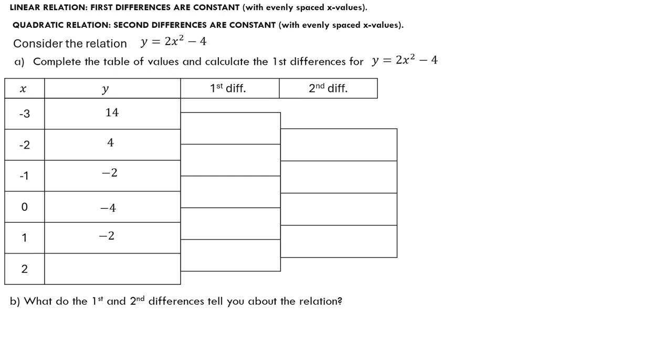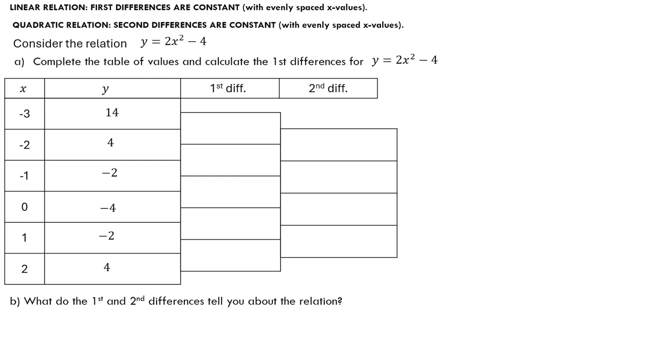And we continue on. Now we have coordinate pairs: negative 3, 14, negative 2, 4, negative 1, negative 2, 0, negative 4, 1, negative 2, 2, 4. We'll plot all these points on our Cartesian plane. I'll show the graph in a minute.